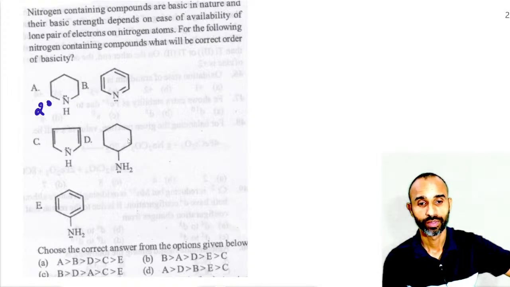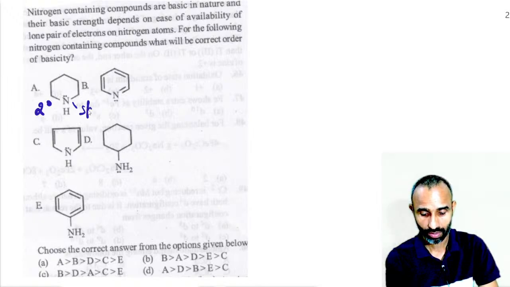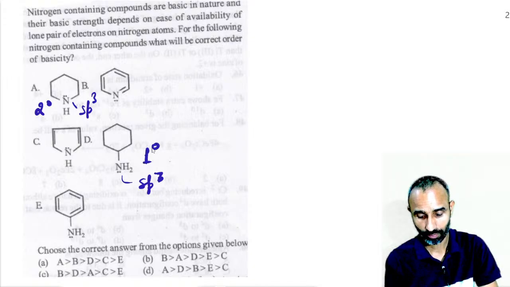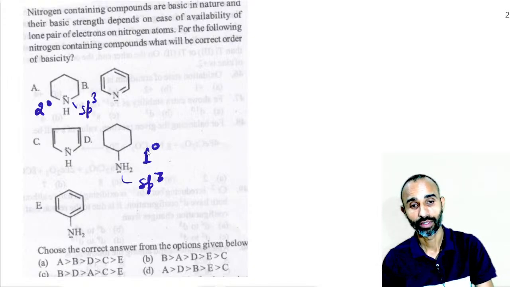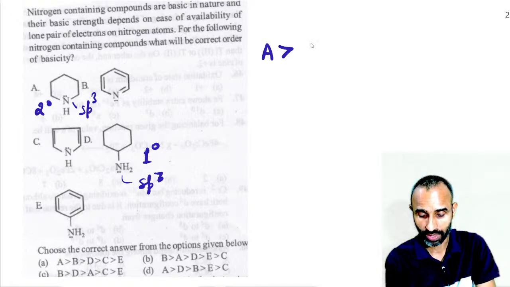If we compare A, B, C, D, E, A and D are most basic because nitrogen is sp3 hybridized in both. But this one is primary amine and this one is secondary. So obviously A is more basic than D.